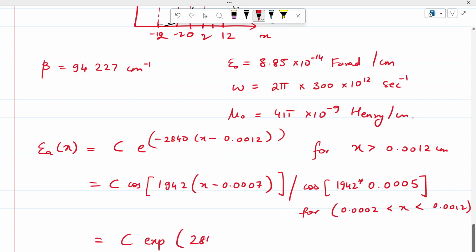Then C power 2840 times x minus 0.0002, for x smaller than 0.0002 centimeter.